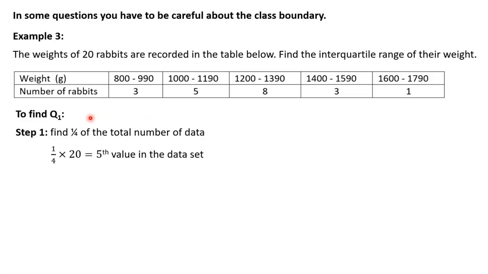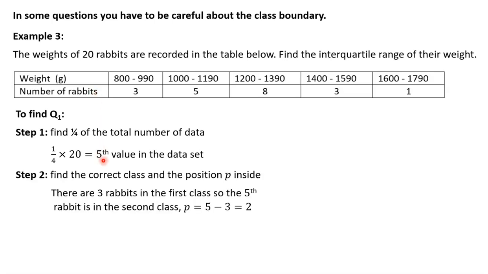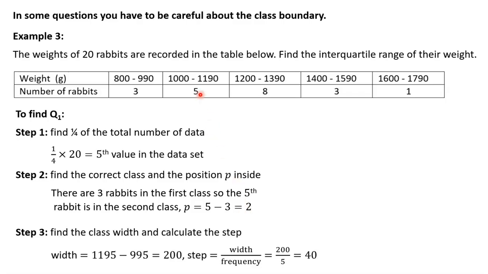To find Q1, again, we find 1/4 of 20, which is the fifth value. The fifth value is in the second class. So to find the position, we do 5 take away 3, so it's the second rabbit in the second class.